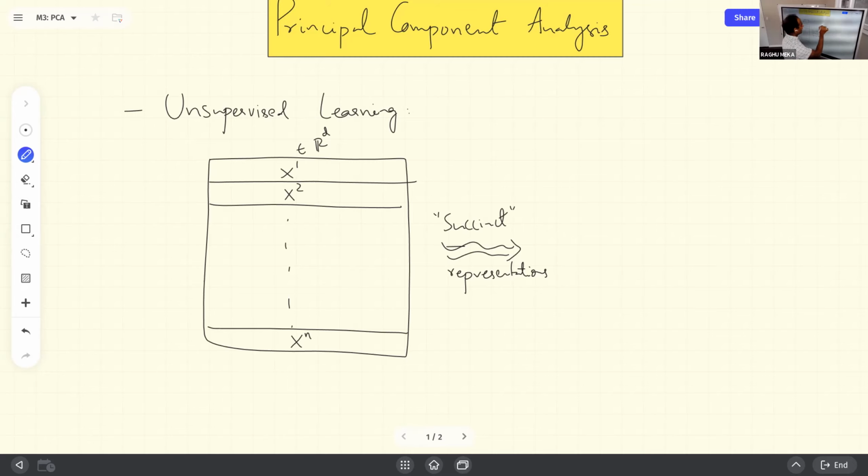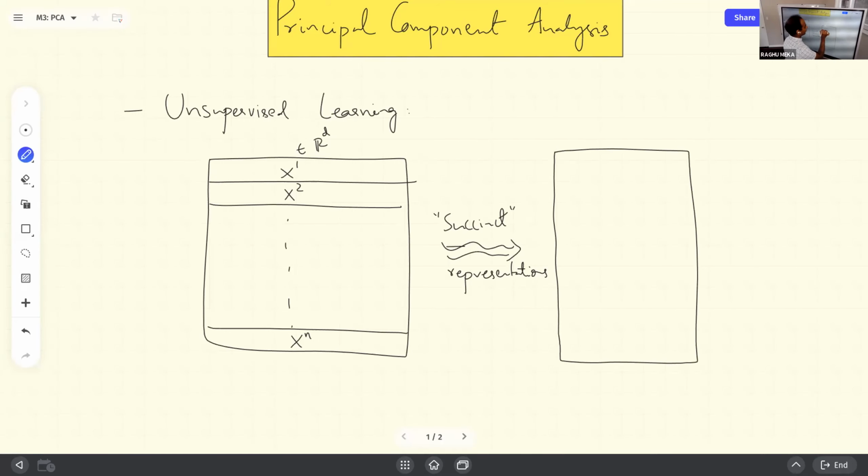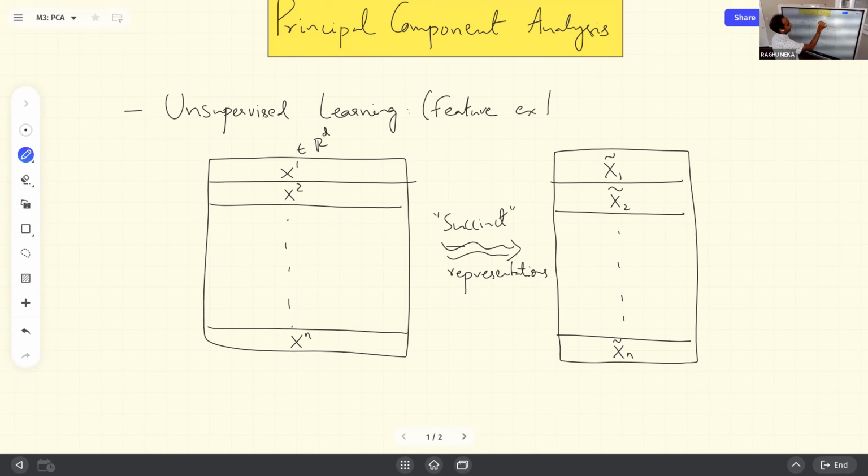So then what you can do is represent each example with fewer features. And usually the goal is to do this in a way so that you don't affect what happens in downstream applications. So that's one form of unsupervised learning and feature extraction.